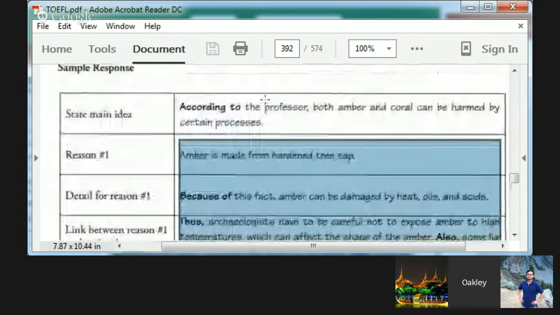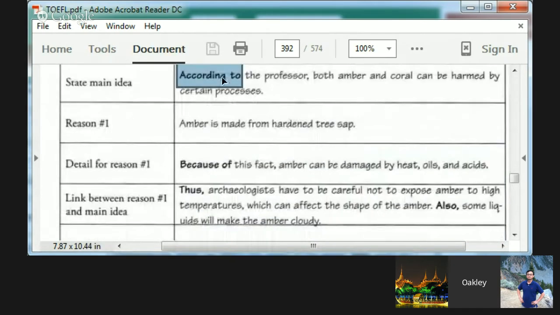Okay, but again, what's consistent all week long, we've been looking at these TOEFL things. What's consistent is different ways to say somebody said something. According to the professor, the professor stated, the professor states, okay, the professor says, the professor talks about, whatever.